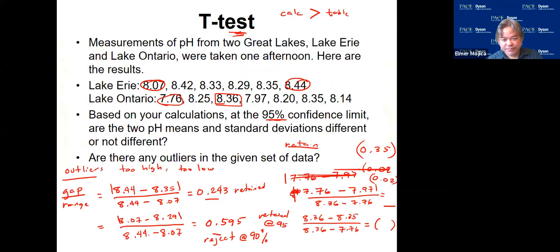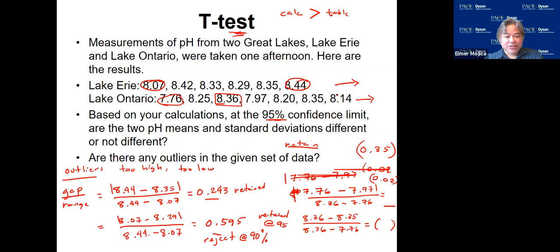So question. How are you going to interpret the two sets of values here? If you have a question like that, what can you say about the readings of Lake Erie compared to Lake Ontario? So we could say Lake Erie has a higher reading than Lake Ontario, but they're not significantly different.